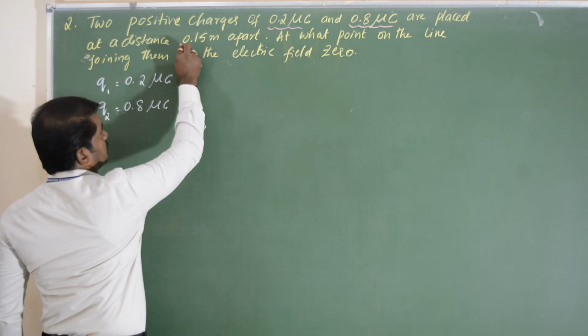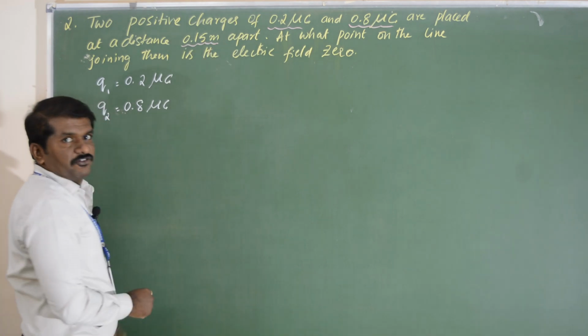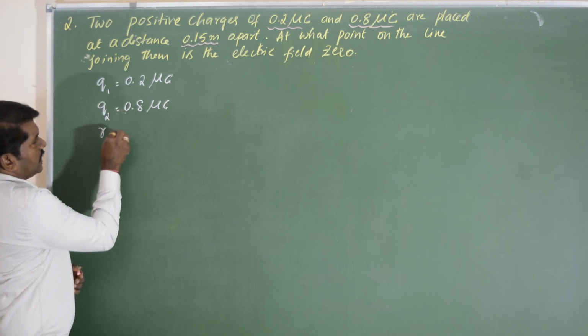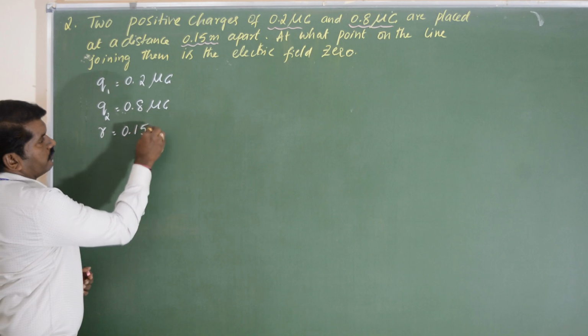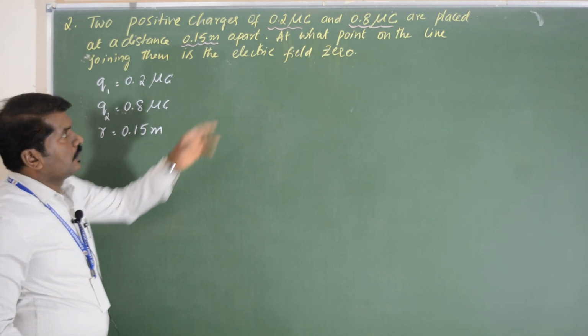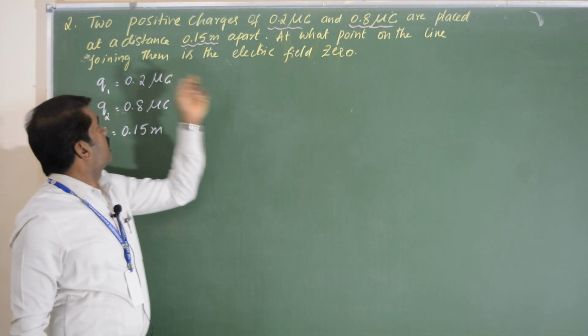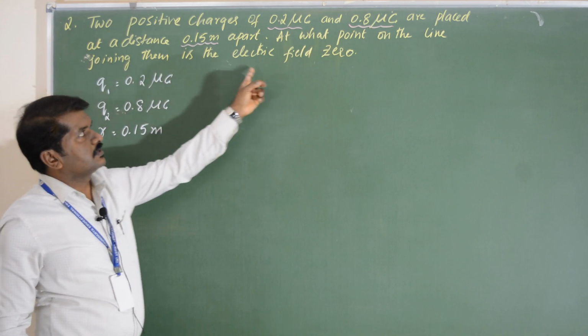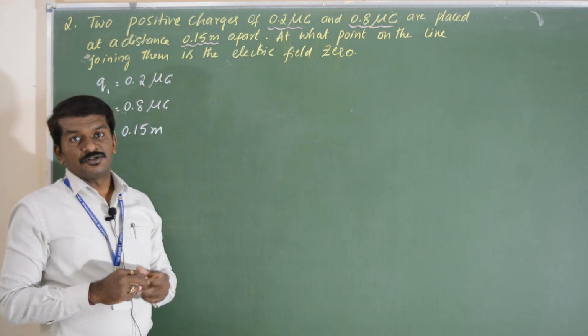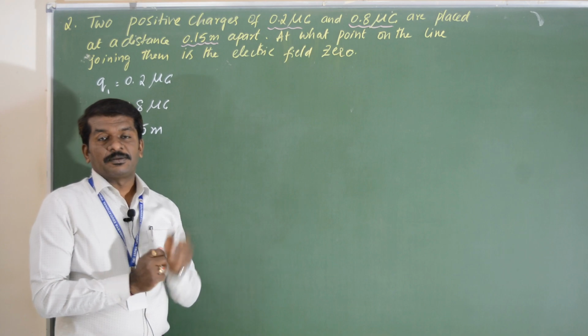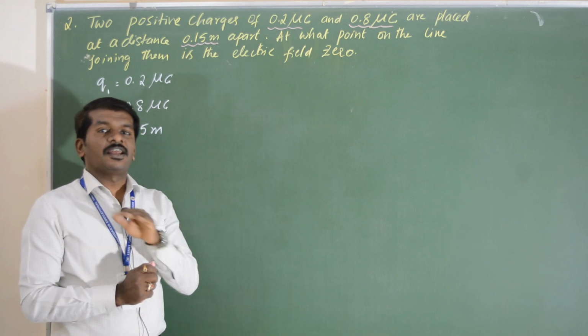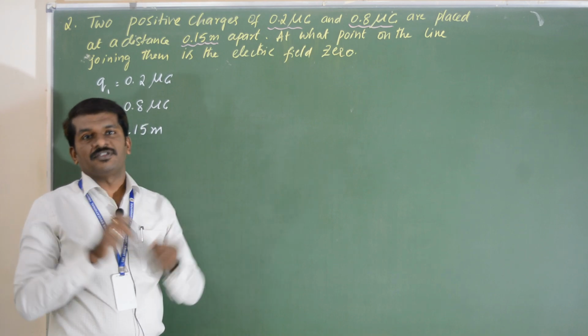So r is equal to 0.15 meter. At what point on the line joining them is the electric field 0? So we have to calculate the point where the electric field is 0 in between the charges.